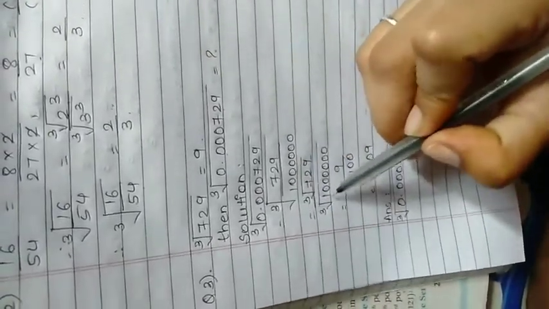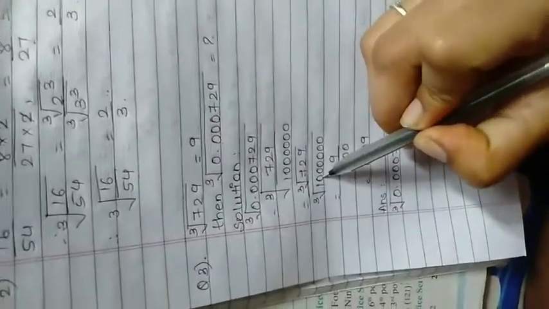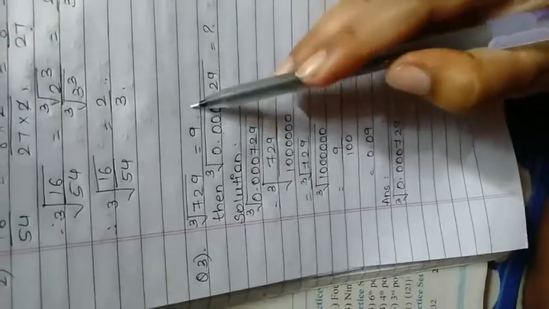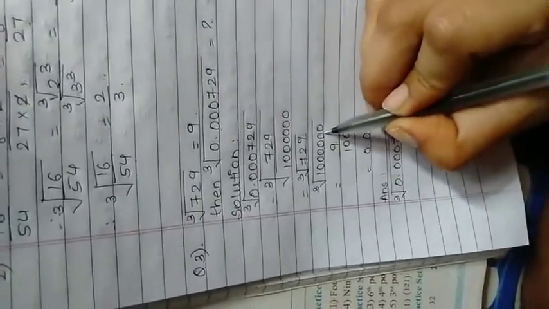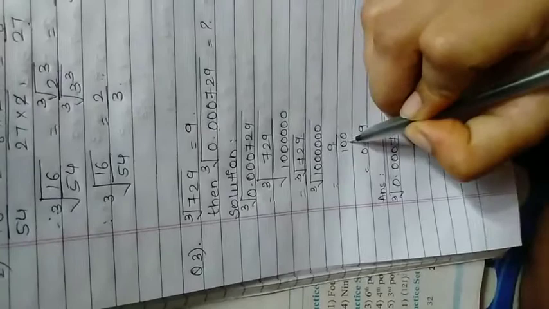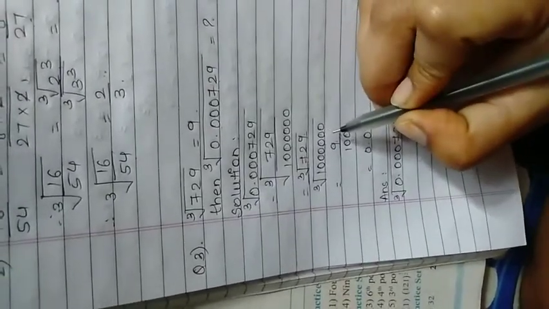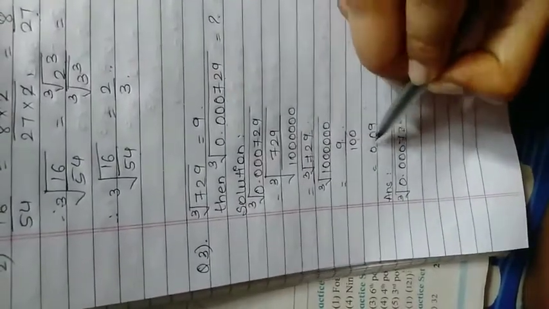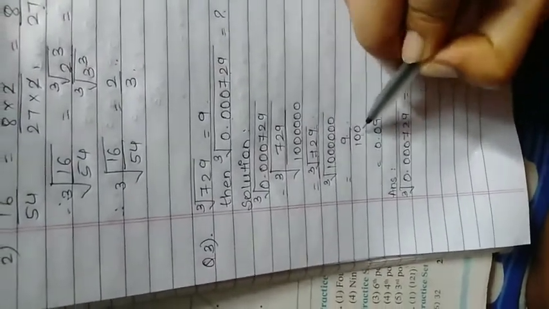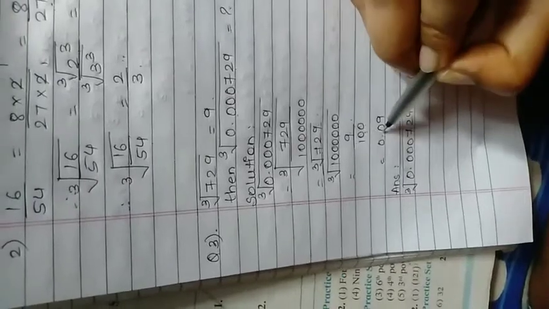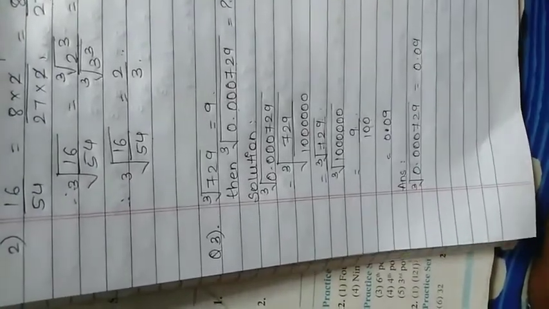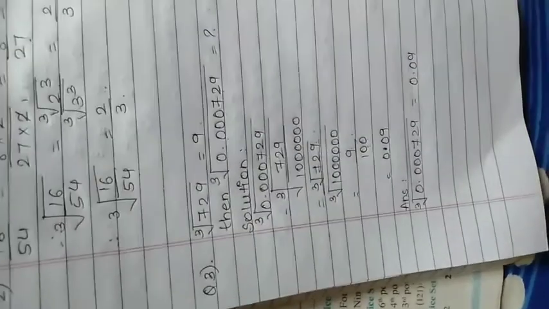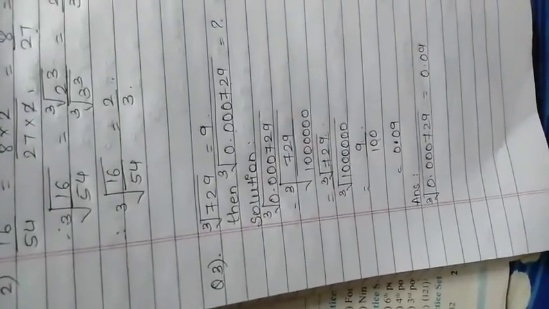Putting the cube root on each of the values. So cube root of 729 upon cube root of 1 and 6 zeros. This is the cube root of 729, which is 9 as given to us, and the cube root of 10 lakh is 100. So this becomes 9 upon 100. So the answer will be 0.09. 2 zeros, that means two places and then a decimal point. So the cube root of 0.000729 is 0.09.